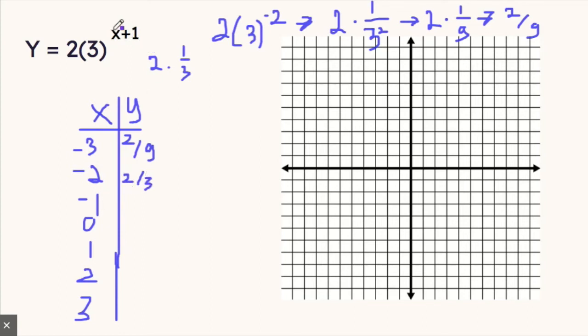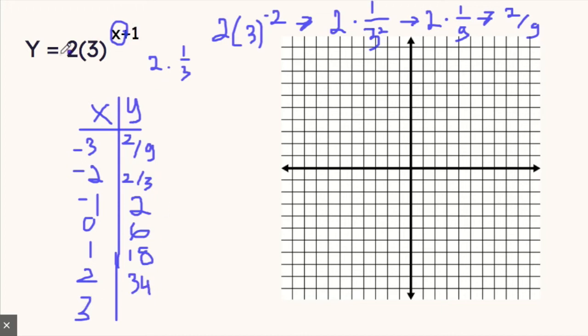At -1, it's just going to be 0, so anything to the power of 0 is 1. 2 times 1 is going to be 2. At 0, it's going to be 1. 3 times 2, 6. At 1, it's going to be 1 plus 1, which is 2. 3 squared is 9 times 2, it's going to be 18. 2 plus 1 is going to be 3. 3 cubed is 27. 27 times 2 is 54.